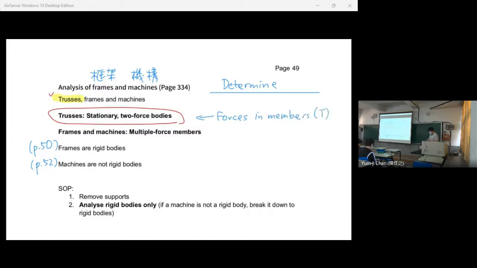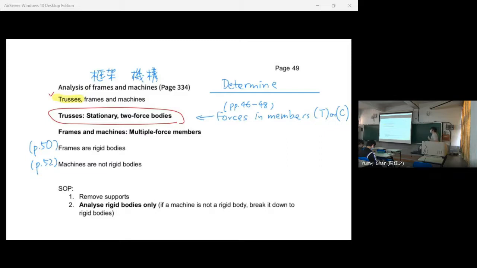And we mark our answer in T or C. What does T mean? T is tension, and C is compression, right? You can look at pages 46 to 48. So in trusses, in all problems we determine the forces in members, either in tension or in compression.